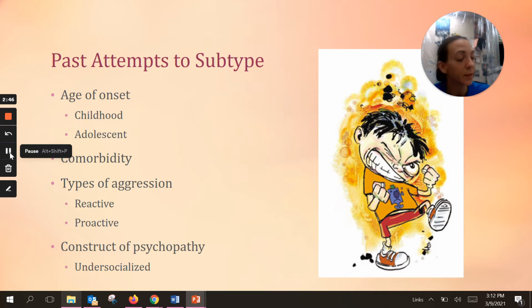Childhood onset is more likely to show aggression in childhood and adolescence, and more likely to show antisocial and criminal activity into adulthood. They're more likely to show deficits in executive functioning and cognitive deficits. So the ability to make decisions, to plan, to judge, they have deficits in those. They show temperamental and personality risk factors such as impulsivity, attention deficits, and emotional regulation.